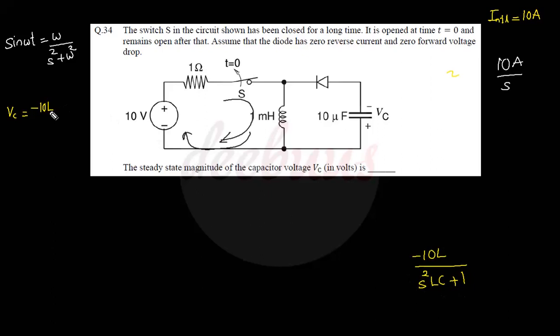So minus 10L divided by Lc into 1 by S square plus 1 by Lc, right? Now I have to make the numerator term as omega, where omega is actually 1 by root Lc here. So I have to multiply numerator by 1 by root Lc and denominator by 1 by root Lc.